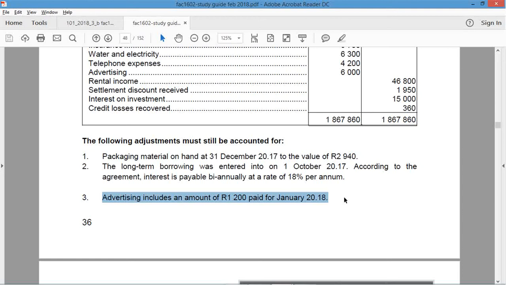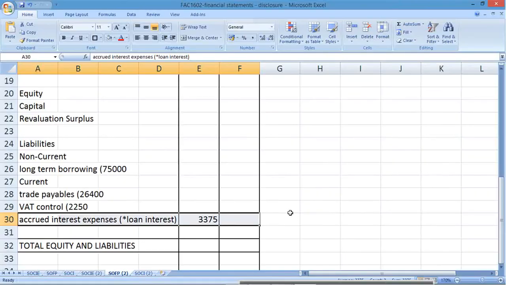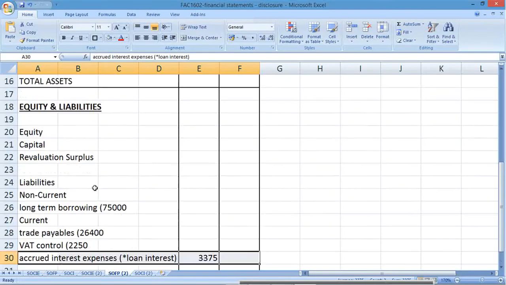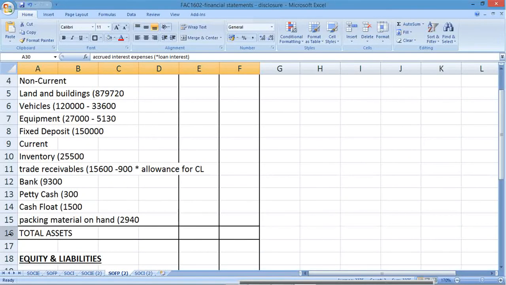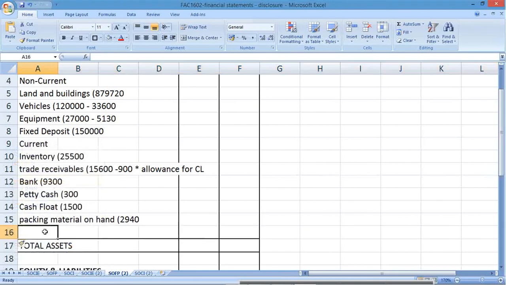You've paid for it. Then it's going to be advertising. Yes. Okay, you're decreasing the expense. Okay, so let's show that. Let's put the prepayment in. What is that? Current assets. Prepaid advertising expense. Oh gosh, I've got no space.